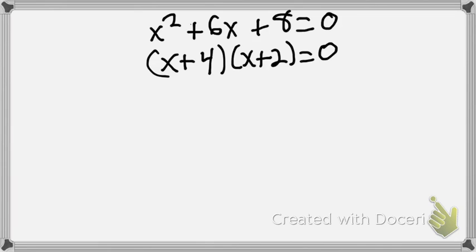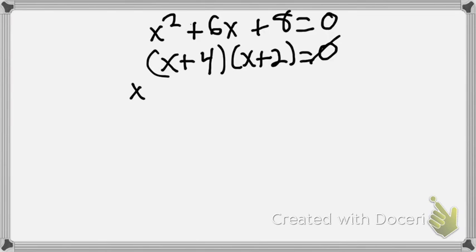If we factor that out to x plus 4 times x plus 2 equals 0, we're then able to use the zero product theorem. Remember, the zero product theorem says that if we have two things that are multiplied to equal 0, then one of them has to be 0.